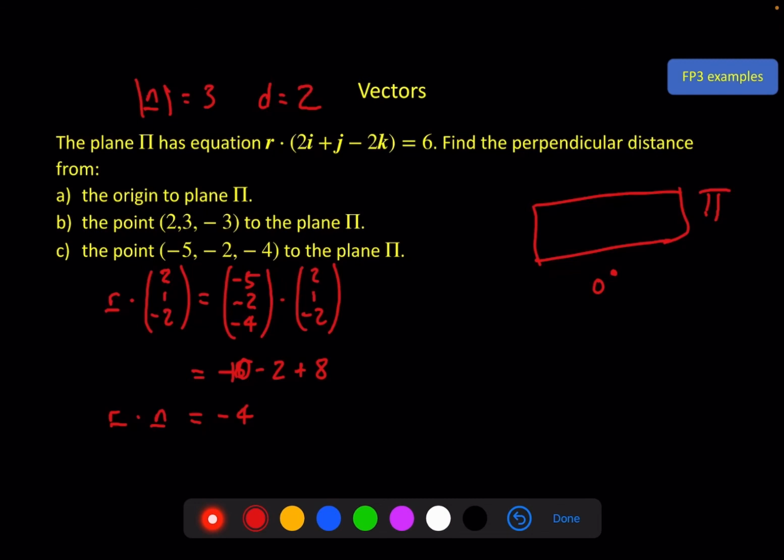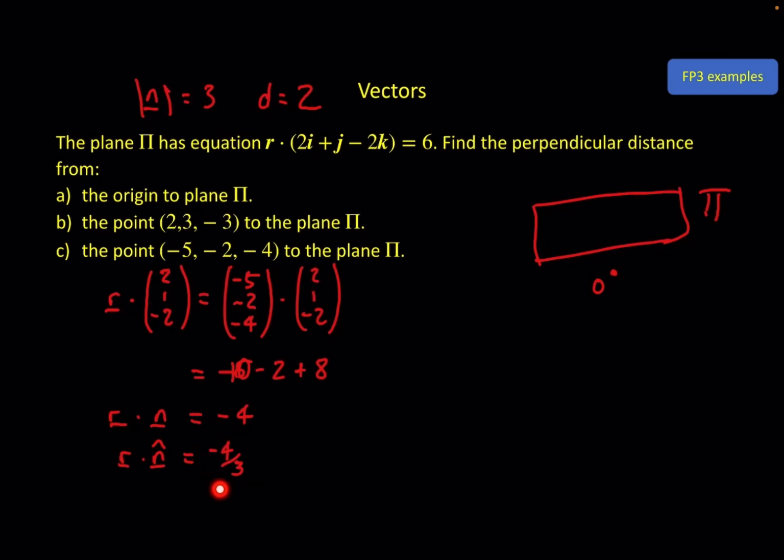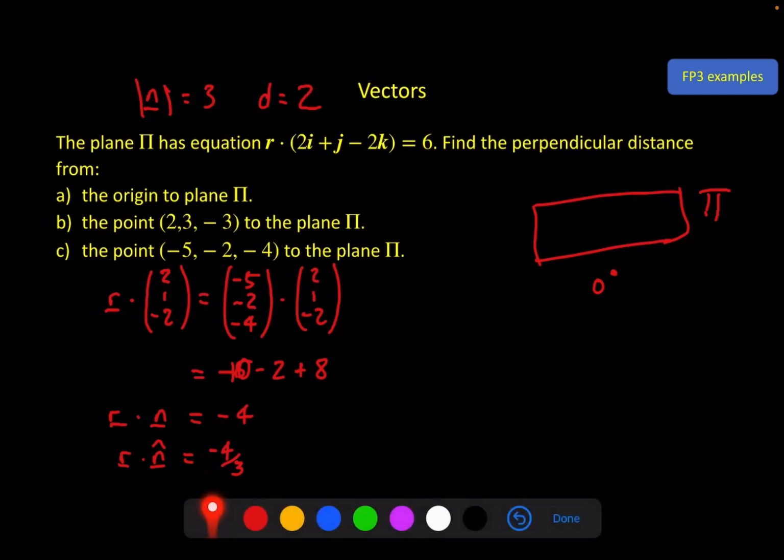So again, we divide both sides by the magnitude of n to get n hat, and we get minus 4 over 3. But we can't have a negative distance. However, don't just ignore that, because it does mean something in this context. This is the difference between B and C here.